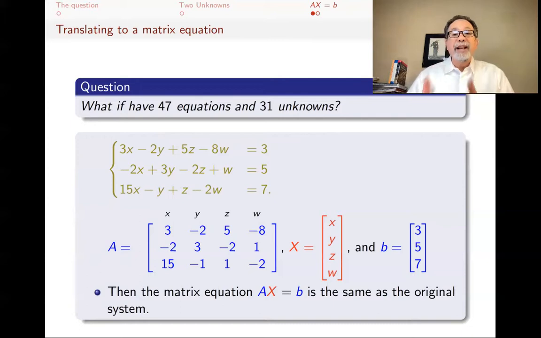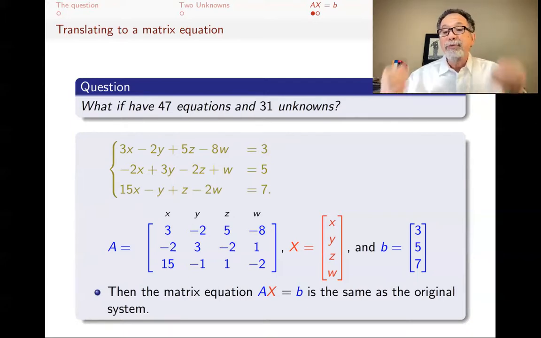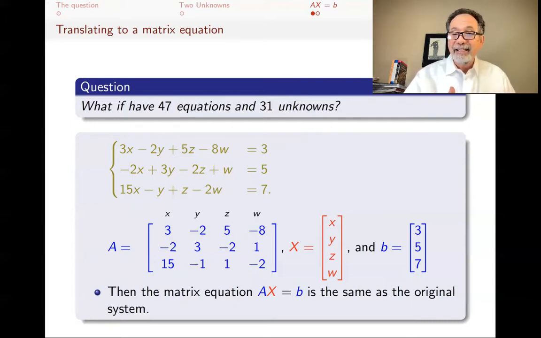So you're looking for an x for that to work, and that's the same as finding solutions for that first equation. And because you need the two matrices AX and B to be the same, you want all their entries to be the same. So that means you're trying to find x, y, z, and w that satisfy all three equations. In other words, that system is the same as the matrix equation AX equals B.